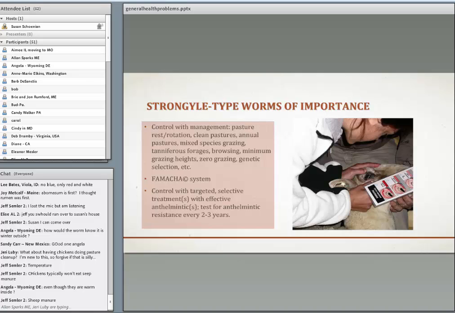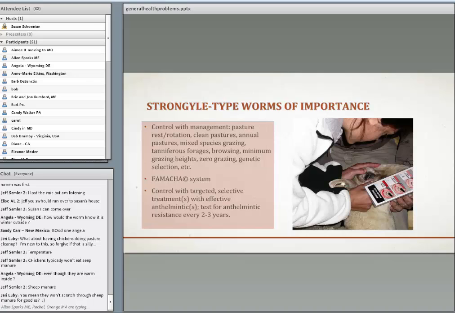If you have some opportunity on your farm for goats to browse, they're not going to get infected with parasites if they're browsing, up grazing high, up on their hind legs. Sheep will do some browsing as well. Maintaining minimum grazing heights: if you're grazing below 3 inches, you're kind of asking for parasite problems. If your pastures are below 3 inches, get them off of them.